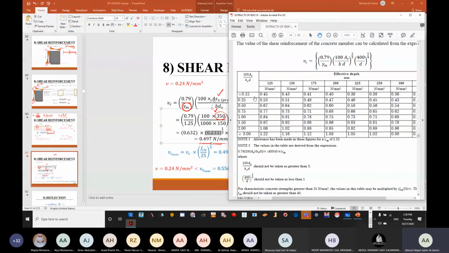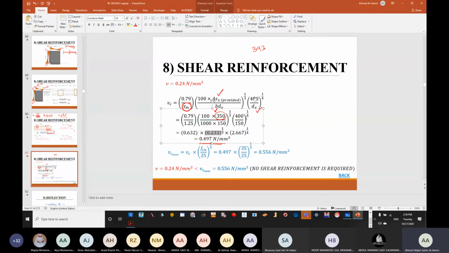So 400 over D is going to give you 2.667 to the power of 1 over 4. In that scenario, you are not going to get lesser than 1. So you are getting a total value of 0.497, and this is the same. We didn't change anything. It's fitting the criteria. We didn't exceed 3, and we were not lesser than 1.